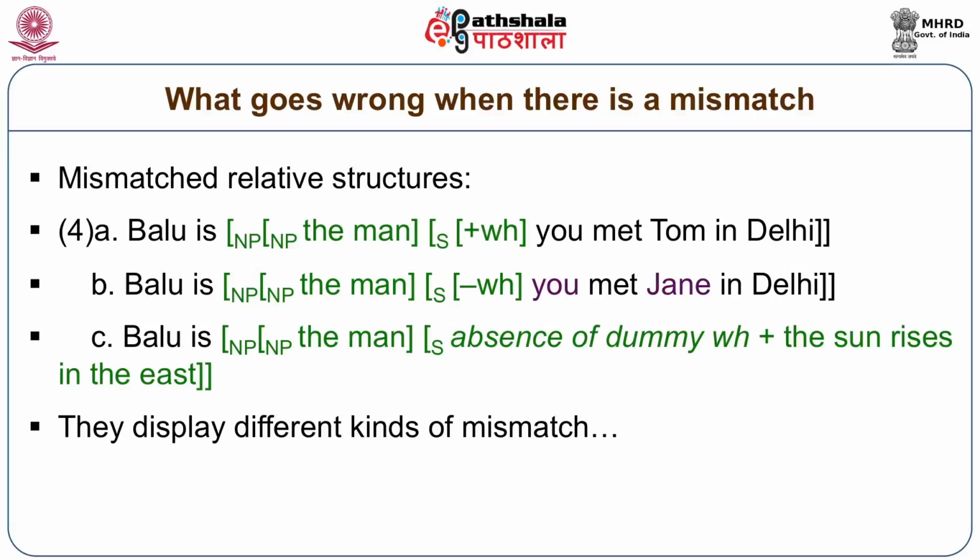But if you put these derivations side by side, you will see they have something in common. They have a relative clause, in other words, an S, sister of N and daughter of NP. And in their relative clause, these derivations have not lexically inserted any relative constituent. There is not a single WH word in the sentence.